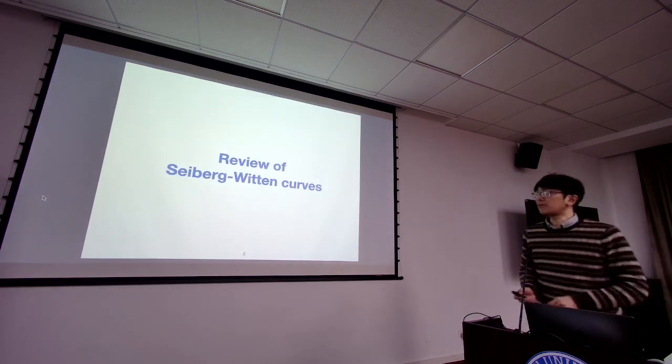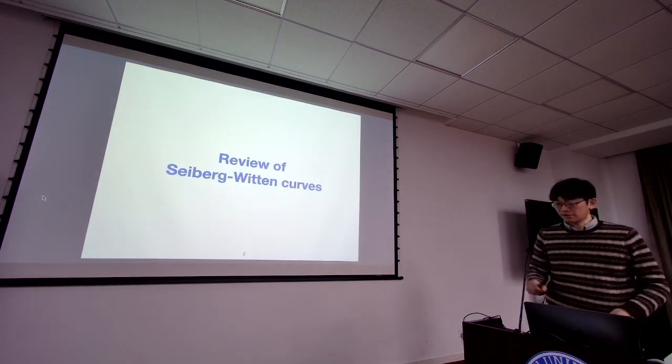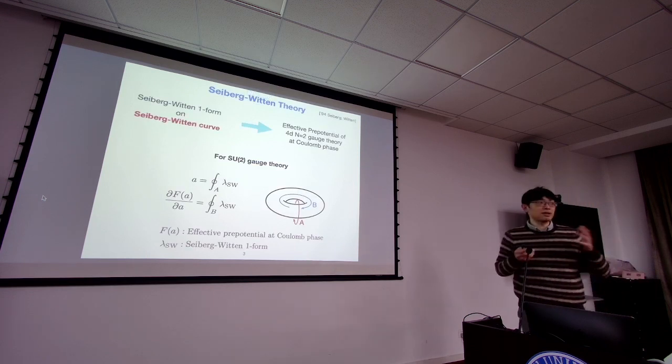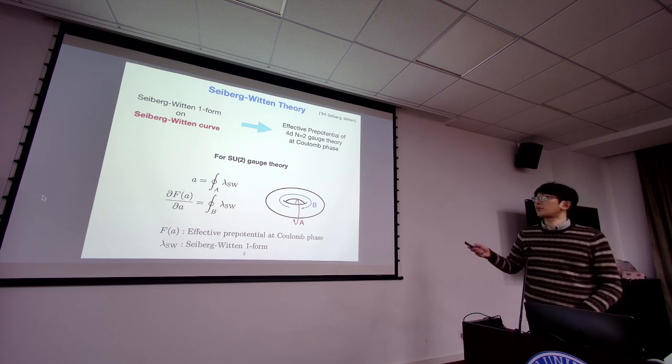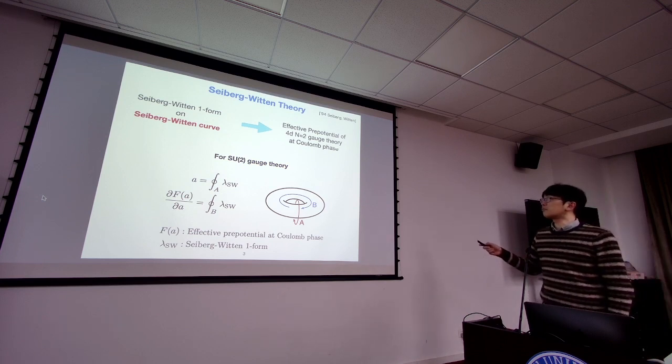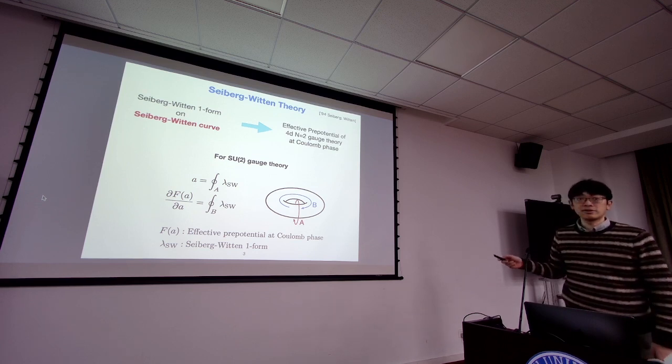So first, let me give some review of Seiberg-Witten curves. As you know, the Seiberg-Witten curve plays a central role in Seiberg-Witten theory, which gives the effective potential of 4D N=2 gauge theory at the Coulomb phase.